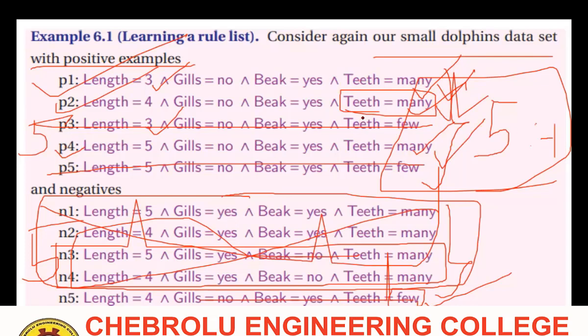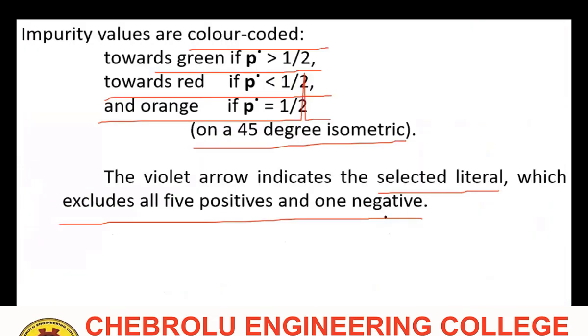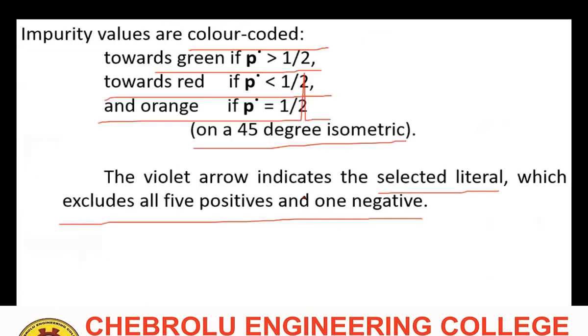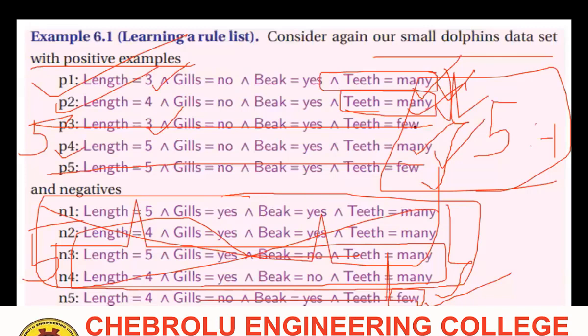So we searched for the literal and found it as teeth is equal to many. If teeth is equal to many, then class is positive. But actually, my dear friends, if I say teeth is equal to many positive, here there are negatives also with teeth equal to many.